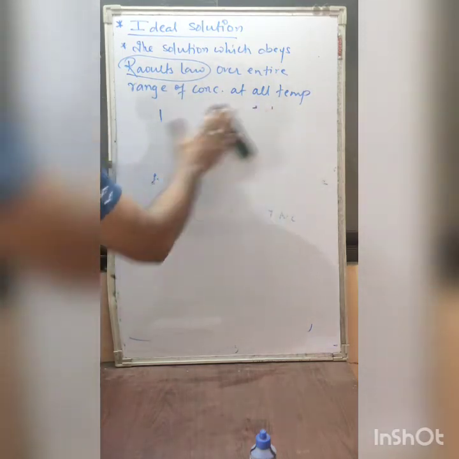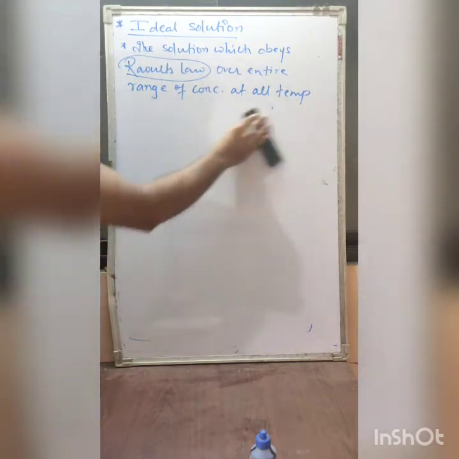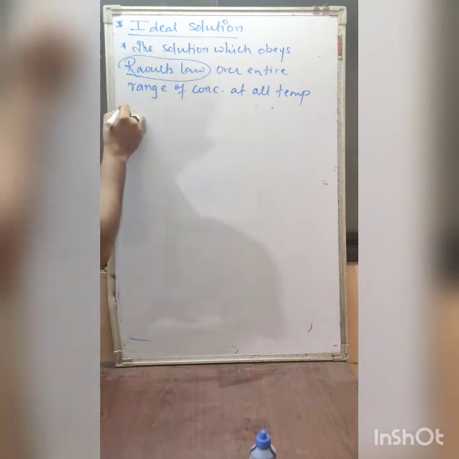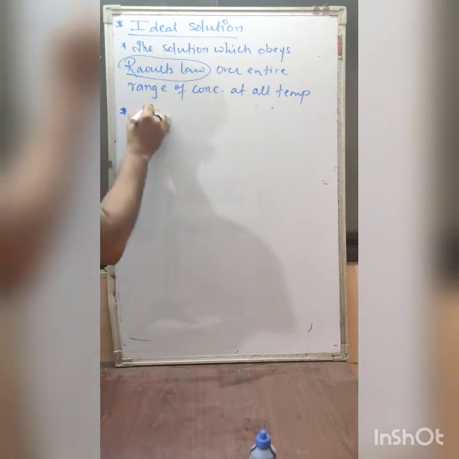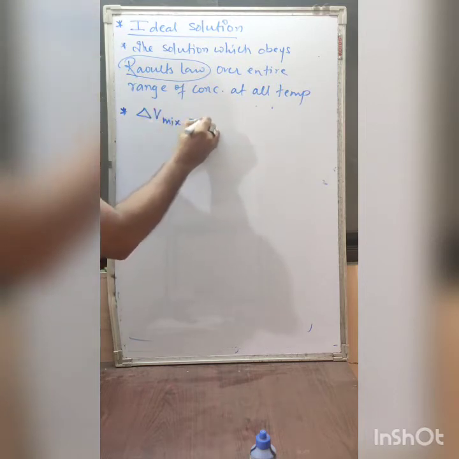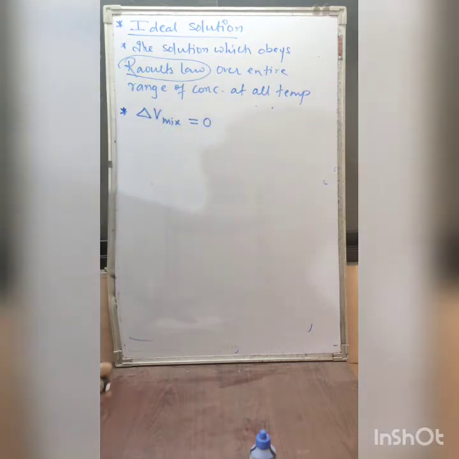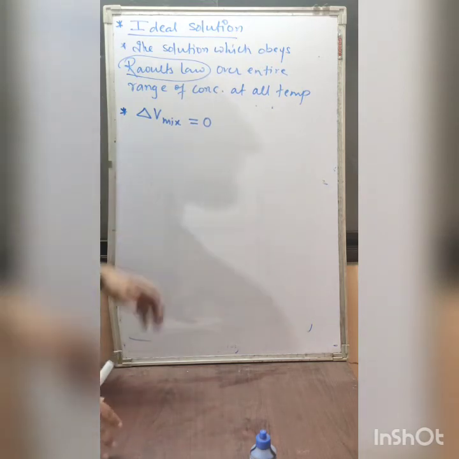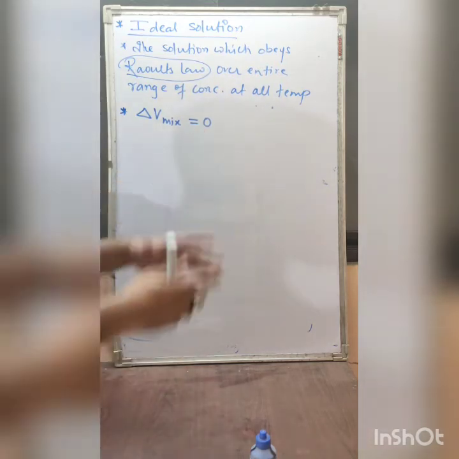at all temperatures. Now the second one, delta V mixing is equal to 0. So this is the second condition which shows the ideal solution, when the volume of mixing is 0.